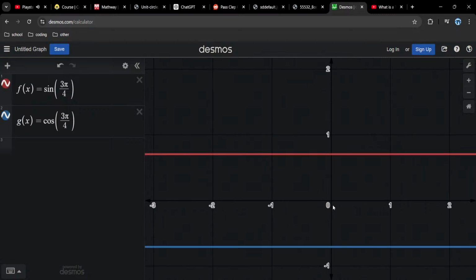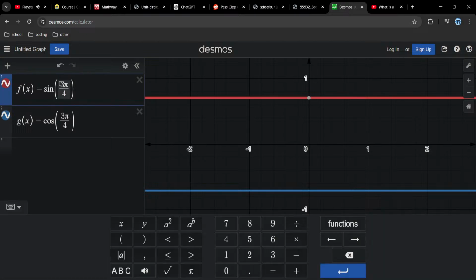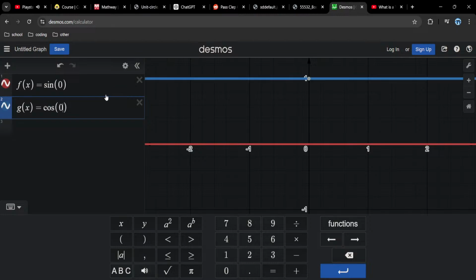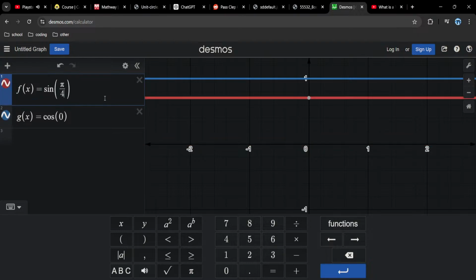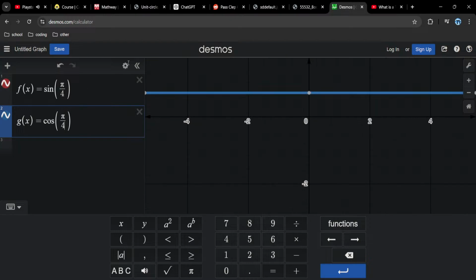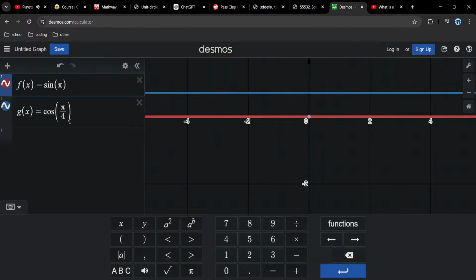If you take 0, they're parallel, but they're not parallel over the x-axis like that. That's perfect positive and negative over 4. Yeah, because these are the same value. And then if you just do pi, see what pi is.